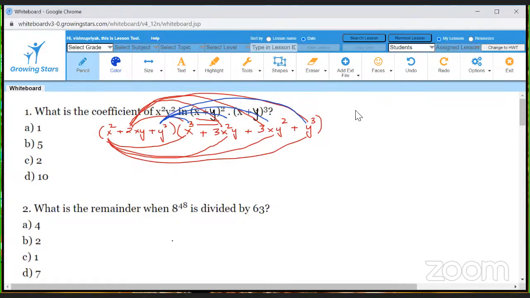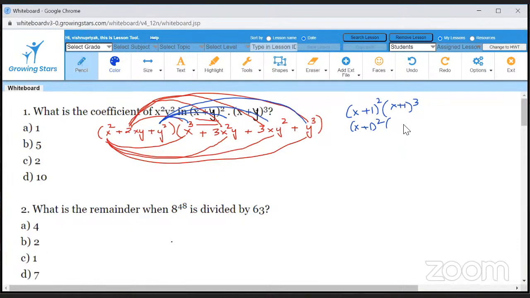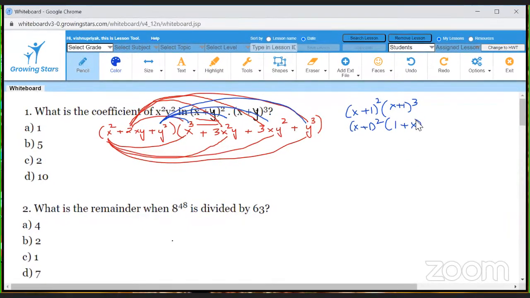That is why in the question it is given x plus 1 whole square and x plus 1 whole cube. And so what happens is, you will write this as x plus 1 whole square and this as 1 plus x whole cube.